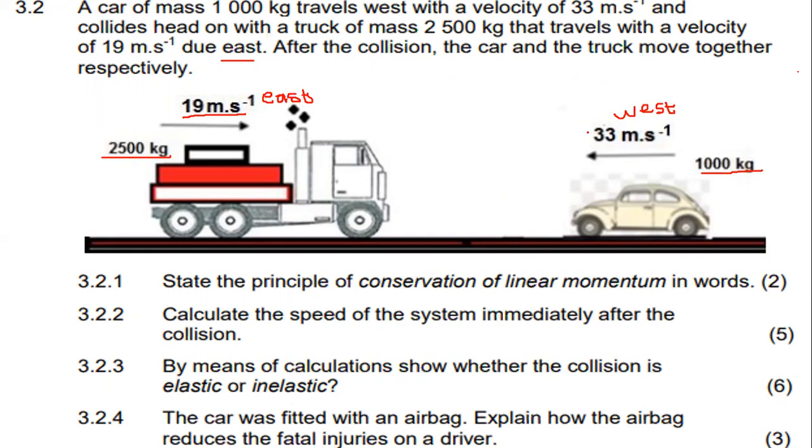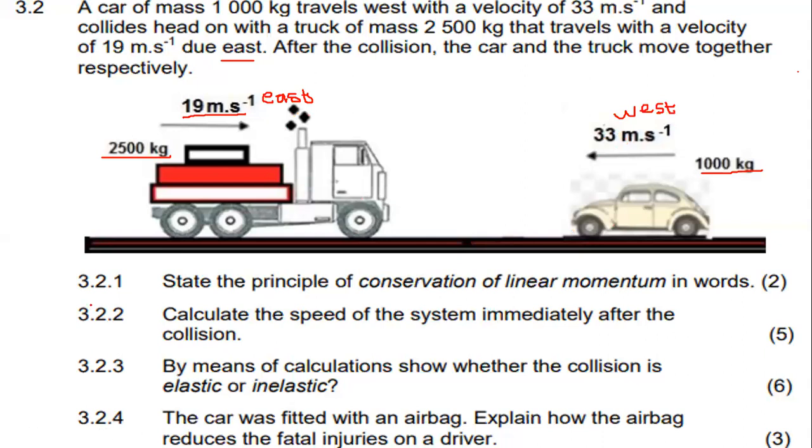We need to use the direction as given in our scenario. And in this case, we are talking east and we are also talking west altogether. So don't use to the right and don't use to the left, because we have been told that it is east and it is also west.